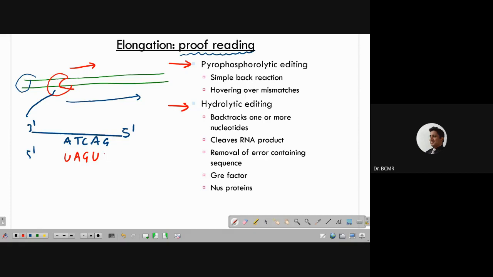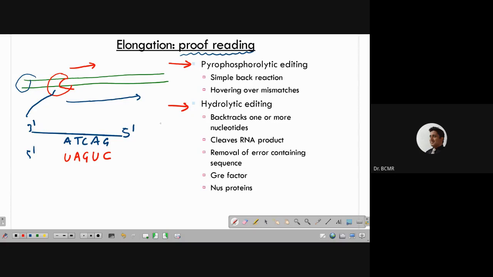If a U was added and the base pairing is not appropriate, RNA polymerase will stop and then add the correct base opposite to the T. It's a simple back reaction, because when there is a mismatch, RNA polymerase cannot move or stagnates in that location, and that is how it corrects.